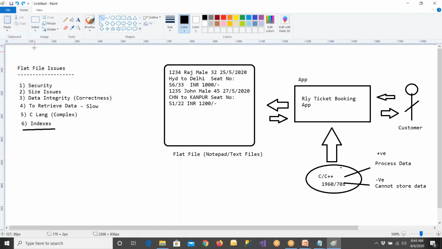To retrieve the data you had to write complex C language programs. Retrieval was very complex and very slow, because no easy language was there to write the programs, and no indexes were available, in order to retrieve the data very quickly.